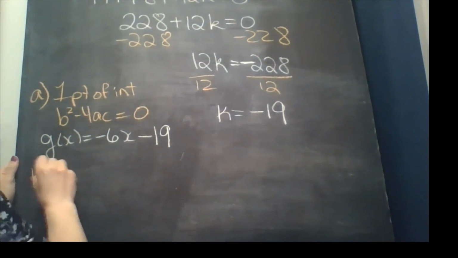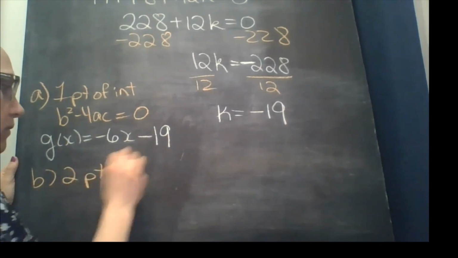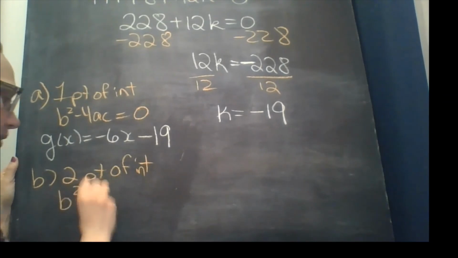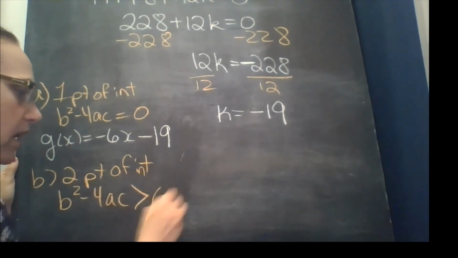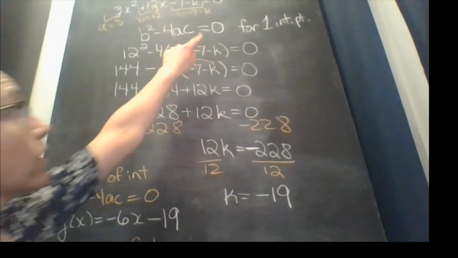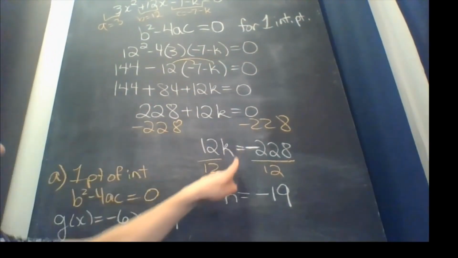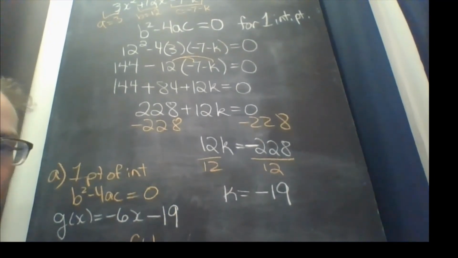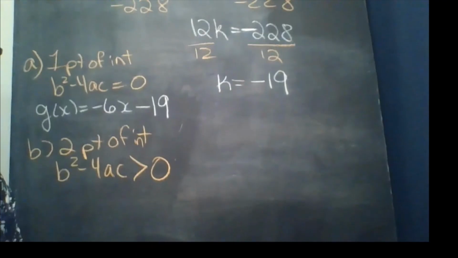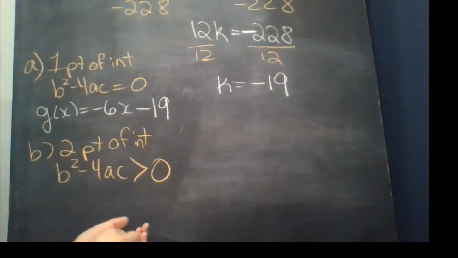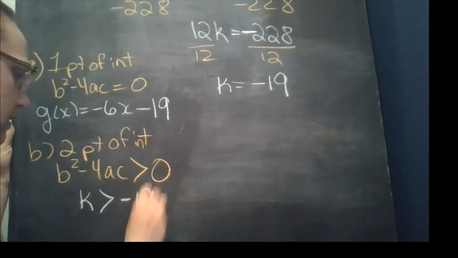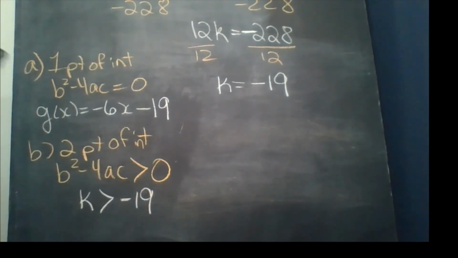For 2 points of intersection, that would be when my discriminant is greater than 0. So I can take that whole equation that we just solved and make all of those greater thans. There's no reason to have flipped it; we would only flip it if I was dividing by a negative. So this would work for all values of k greater than negative 19. That will give me 2 points of intersection.